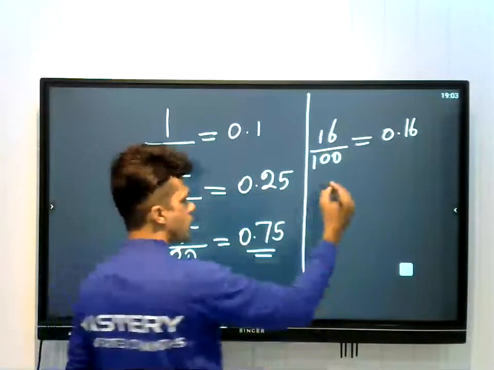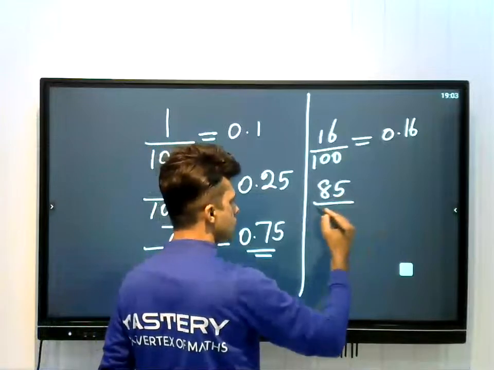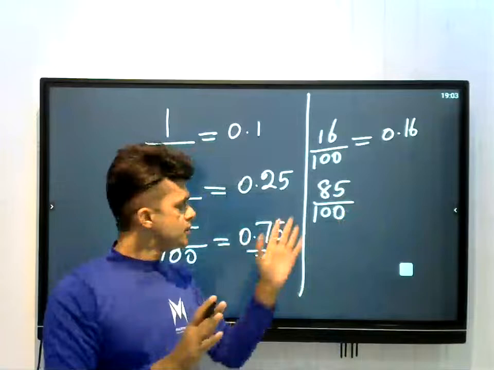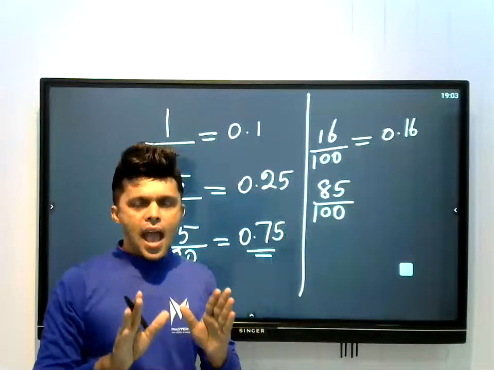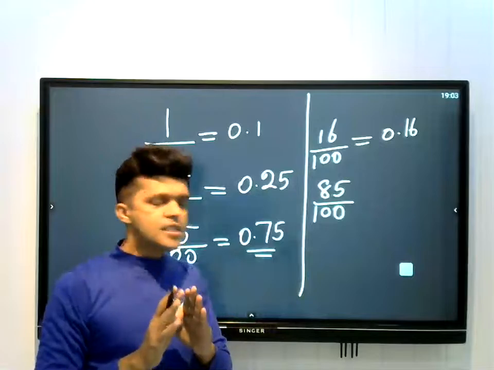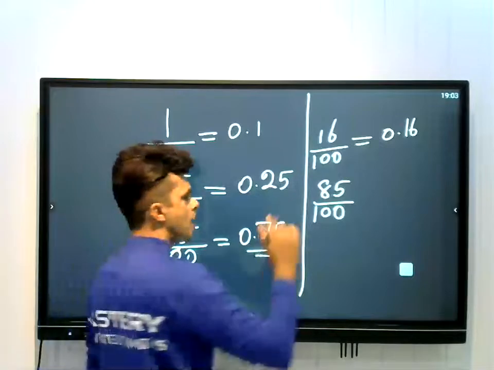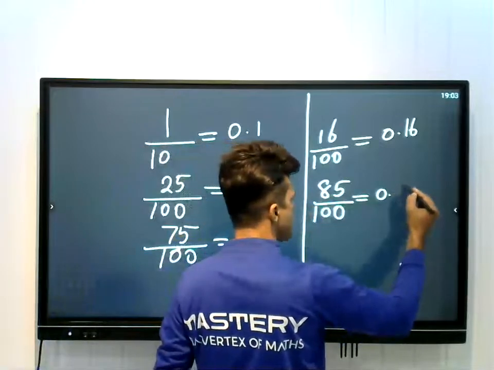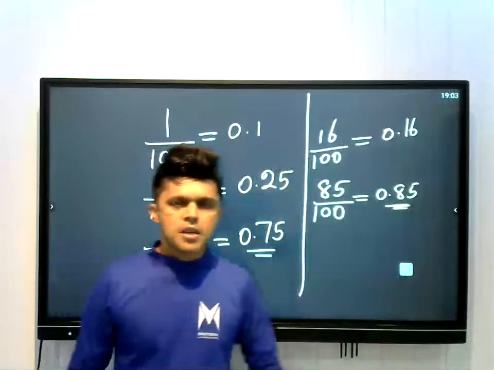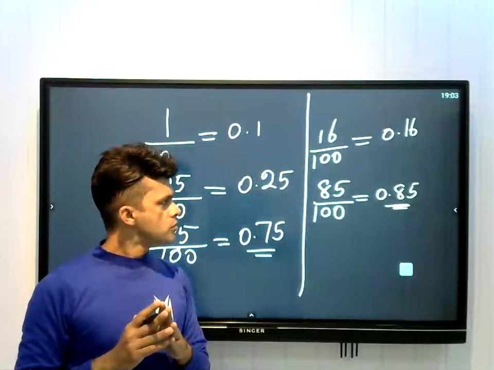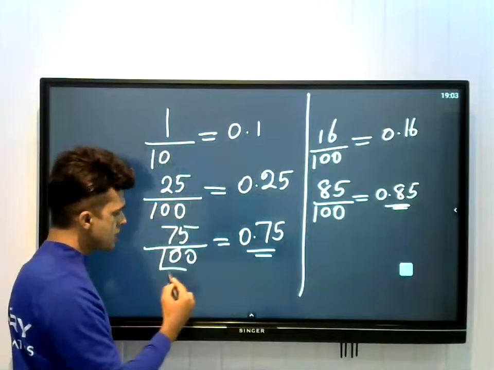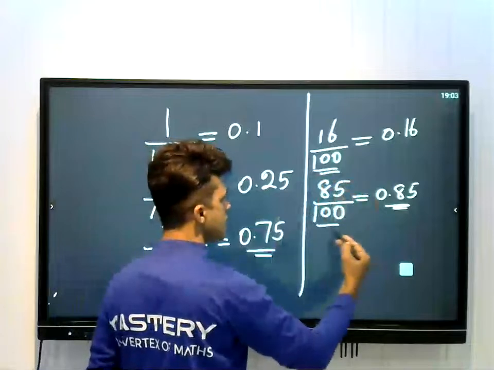What is the value of this one? 85 over 100. Here is a fraction. We write this fraction as a decimal number. 85 over 100 equals 0.85. So you could see here the denominator is 100.